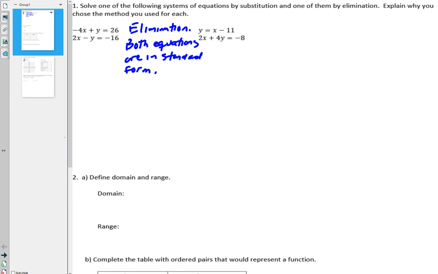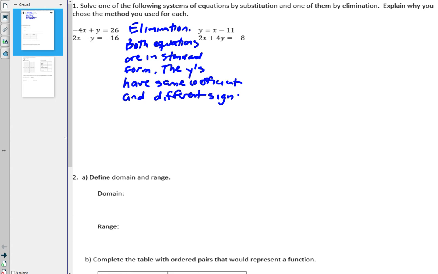That would get you some more points, but that also probably wouldn't get you the complete amount for justification, because there are also some other benefits that lend themselves to elimination. And that's that the y's have the same coefficient and different signs.